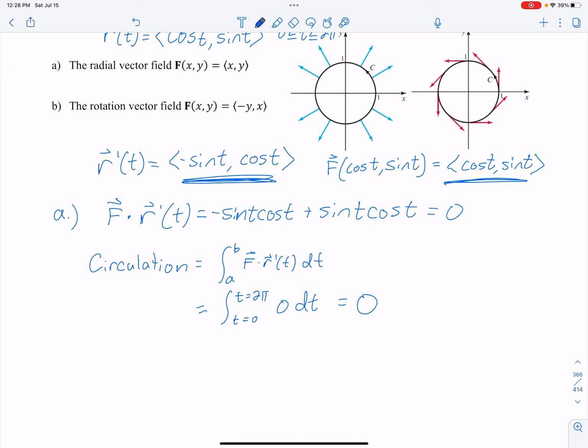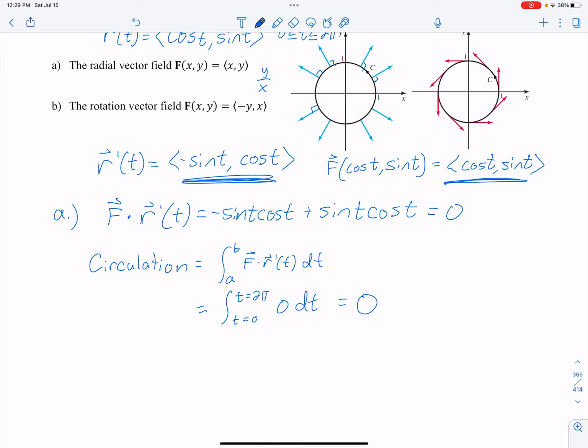This makes sense though. Think about your radial vector field. We know that all of these meet the circle at a 90-degree angle just by the definition, because the slope is y over x. So if they meet at a 90-degree angle, each time the vector field actually isn't helping C at all. The circulation is 0.